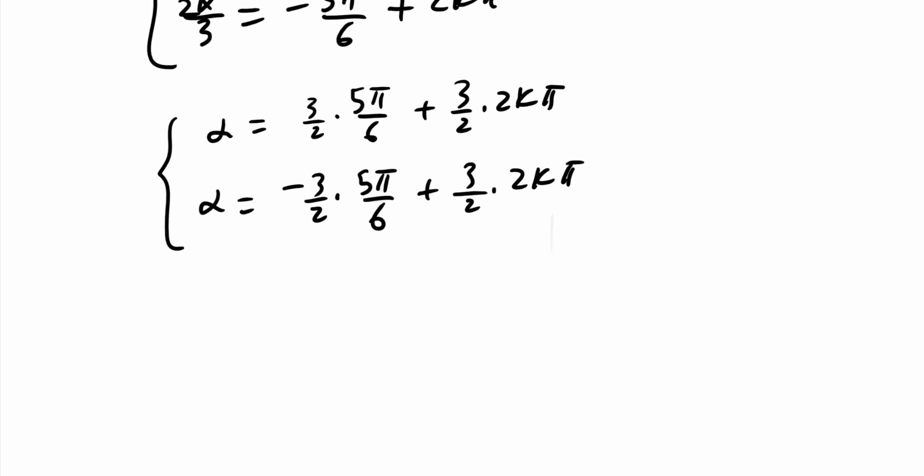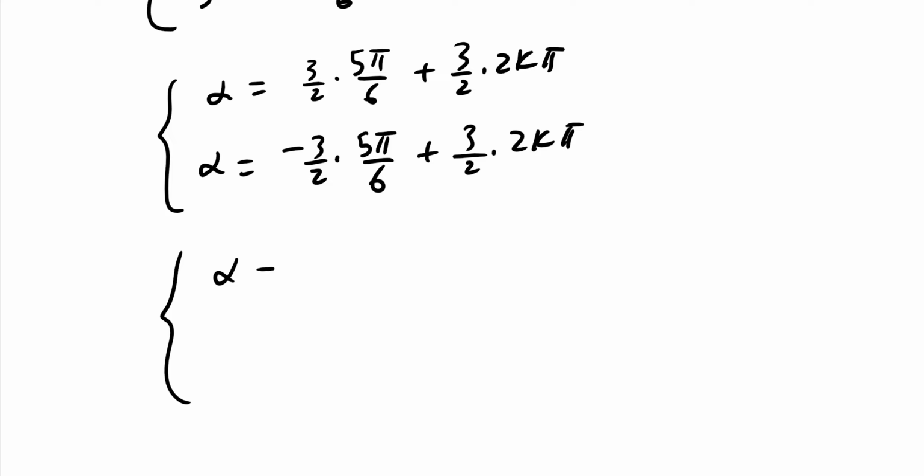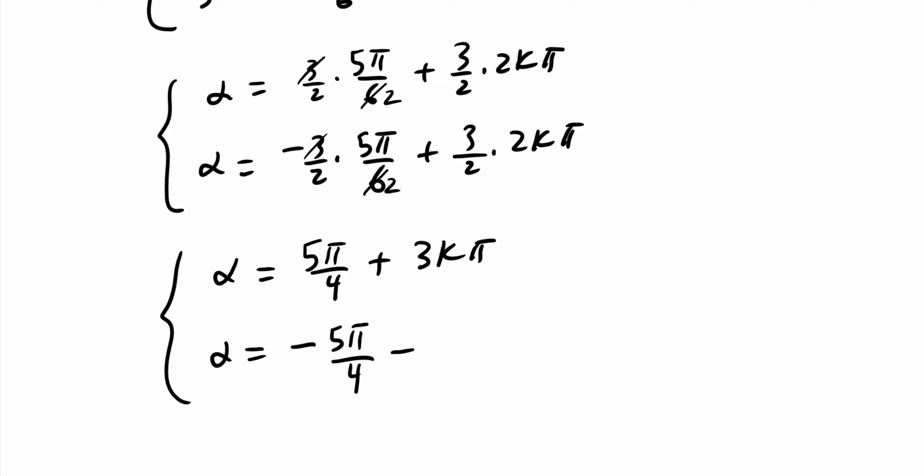K is an integer. So then what do we get? Alpha equals 5 pi over 4 plus 3k pi. Alpha equals negative 5 pi over 4 plus 3k pi.